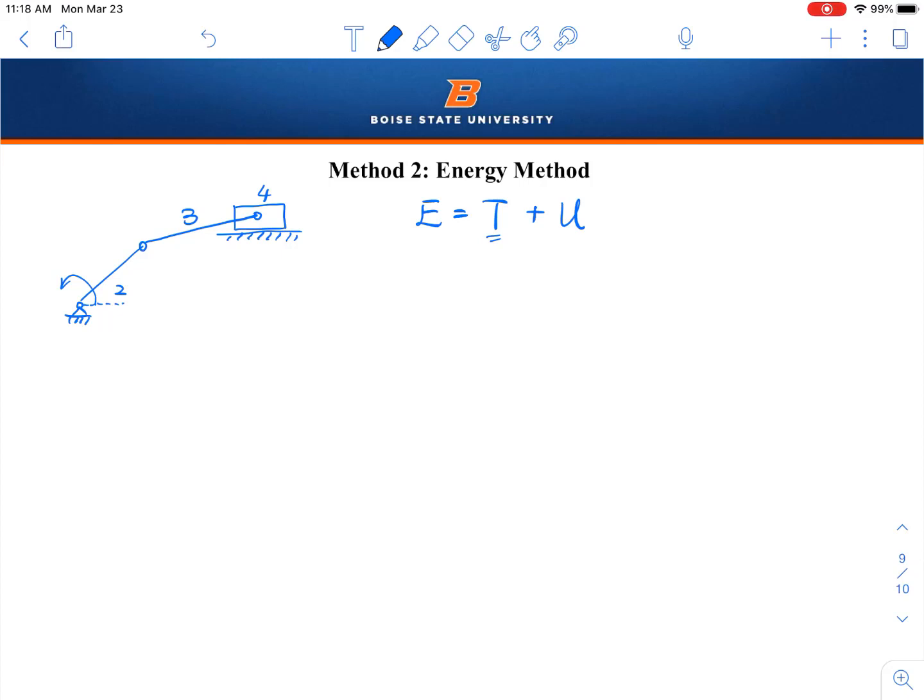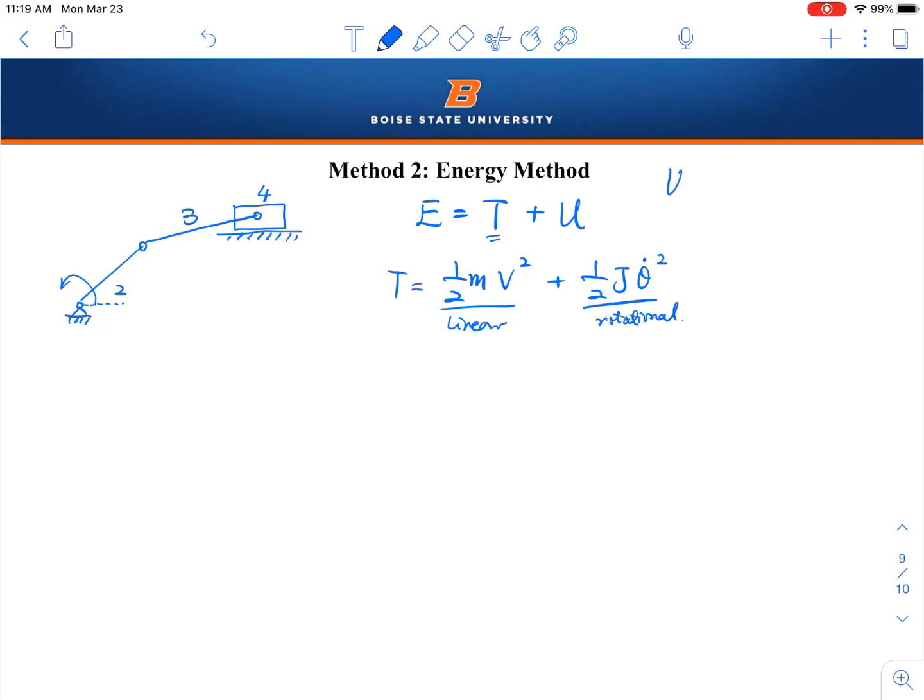So your T is either half m v squared or half inertia theta dot squared. Part of the kinetic energy is related to the linear motion, and the other part is related to the rotational motion.